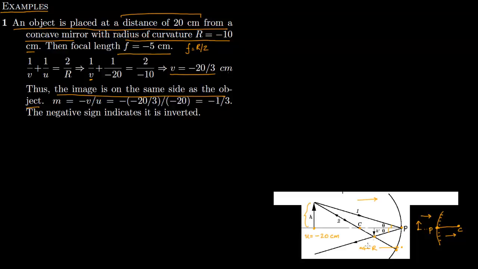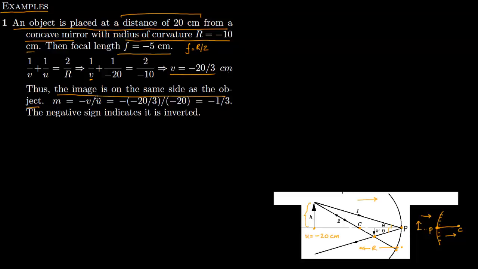This is the point of intersection, and this determines the image of the object. So v negative means that the image lies on the same side as the object. The image lies on the left of point P. Negative sign means that the image lies on the left of point P, so it is on the same side as the object.